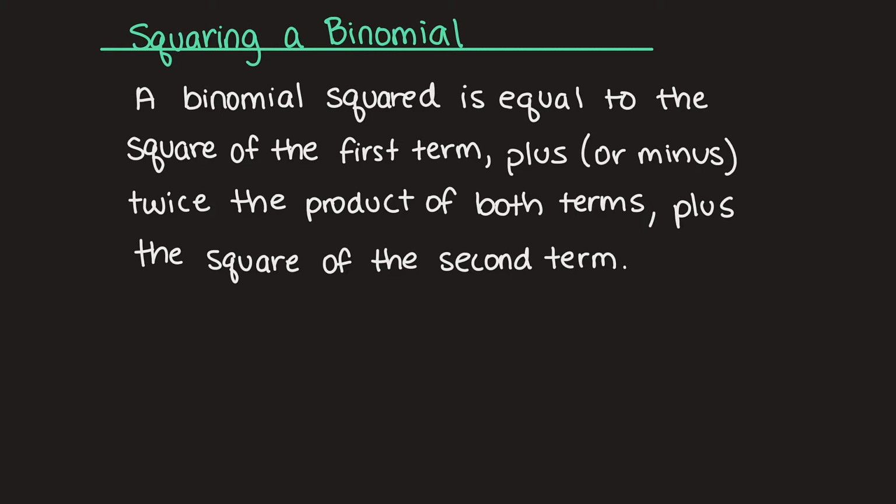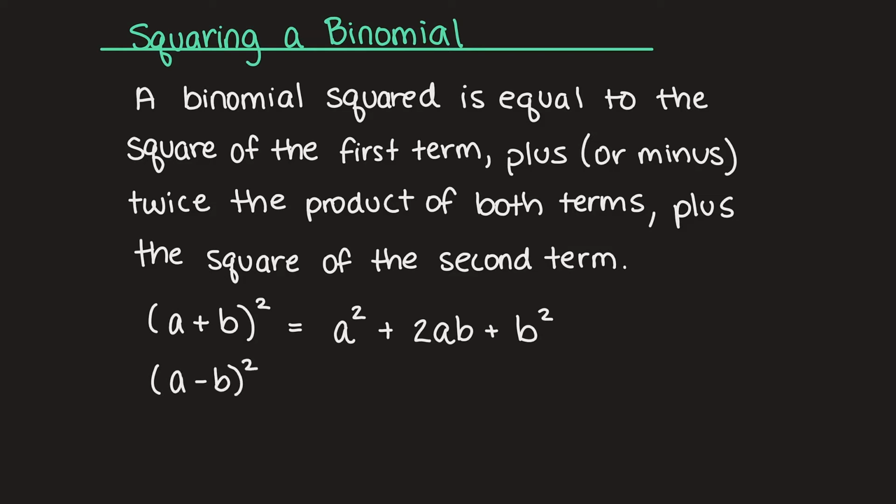So if we have a binomial squared in the following form, this will equal the first term squared plus twice the product of the terms plus the second term squared. And if the binomial is a difference instead, the formula will just change to this, with this being a minus sign instead. And we call these formulas special products.